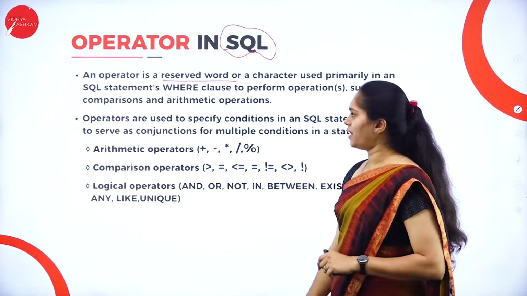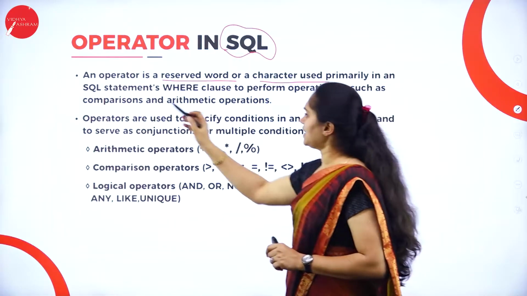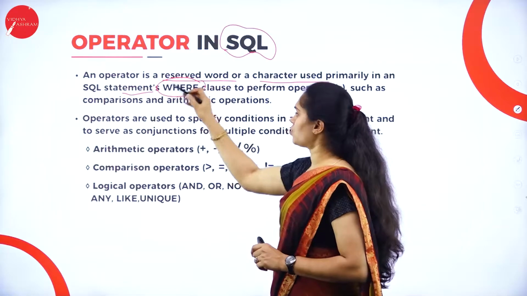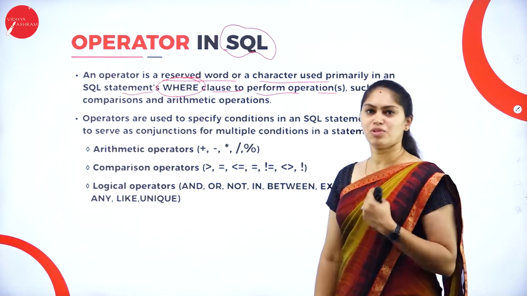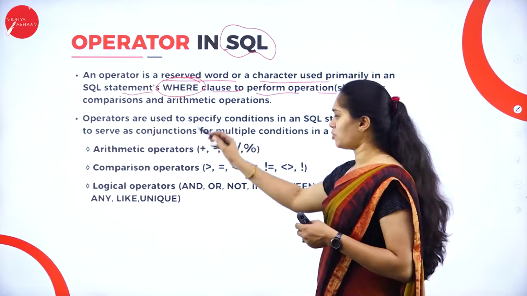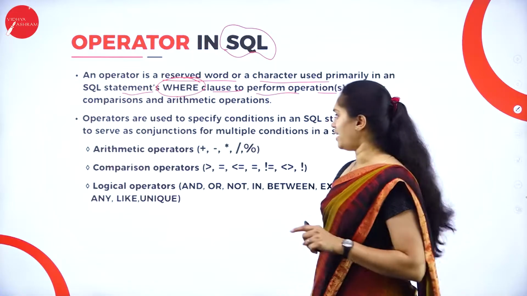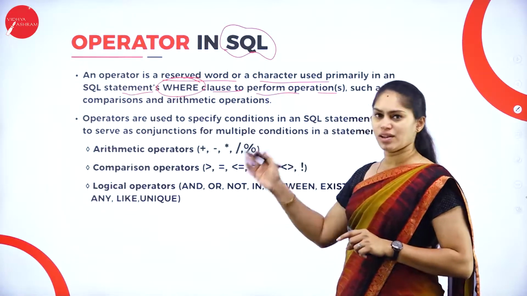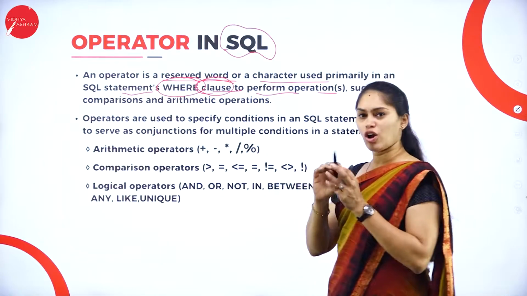So an operator is a reserved word or a character which is used primarily in the WHERE clause of an SQL statement to perform an operation. Based on the type of operation, we are going to choose the operator. So operators will be used in the WHERE clause. Already I told you regarding clauses, right?